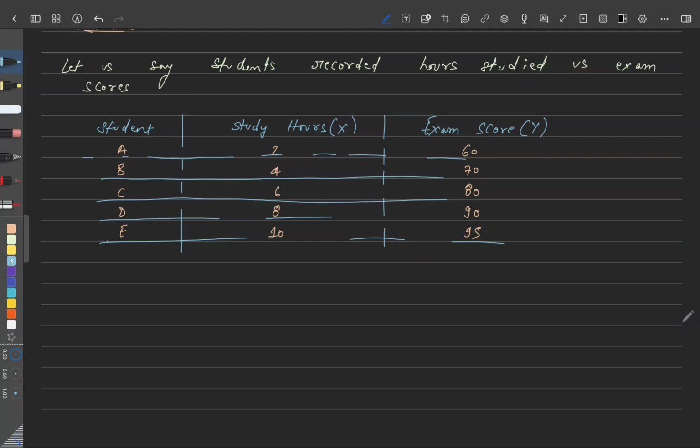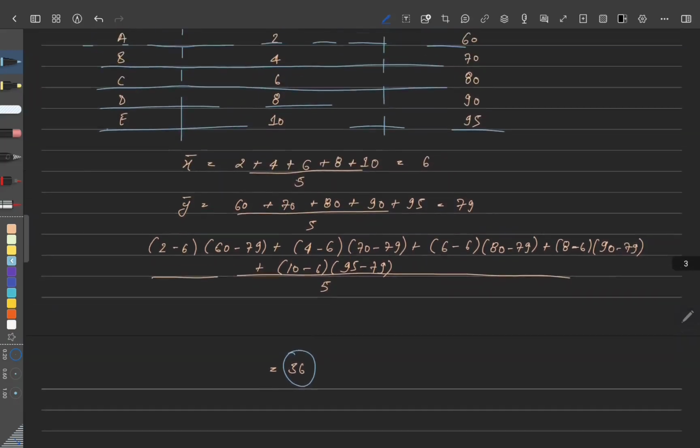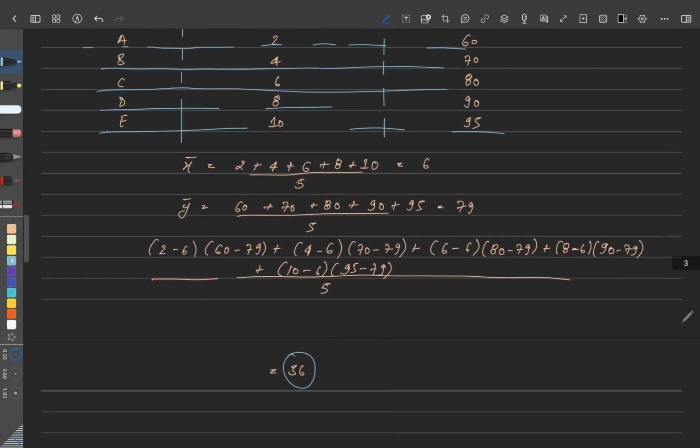Let's calculate it using the formula. So this is how we calculated the covariance as per the formula that we just studied. We calculated the x bar first, which is the mean of x. Then we calculated the y bar, which is the mean of y, and then we put everything into the formula.